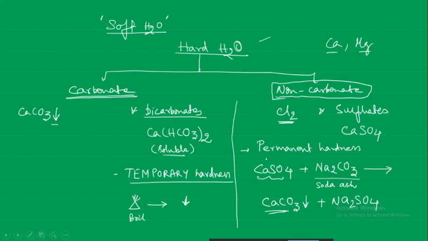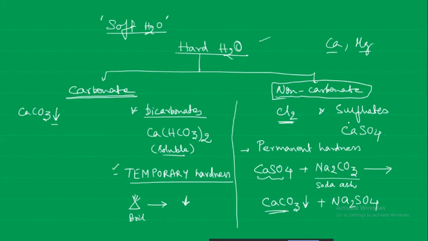So same reaction with chloride, calcium chloride with soda ash will give rise to calcium carbonate plus NaCl. Okay, that reaction will take place. So ultimately, what is the point here? Here temporary by boiling can be removed. Here we will use the soda ash.